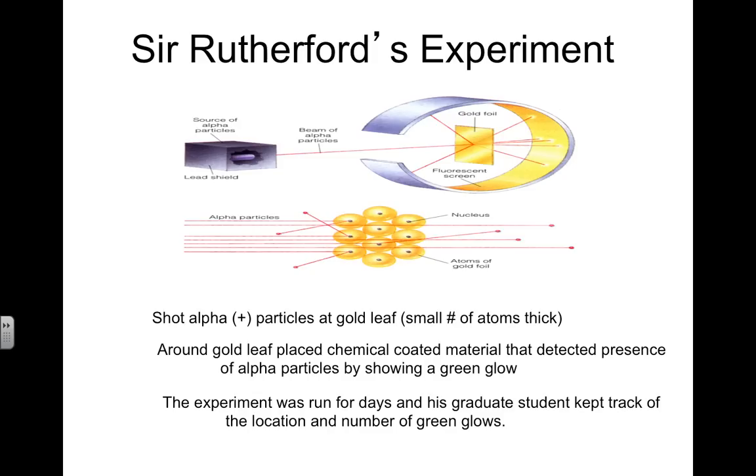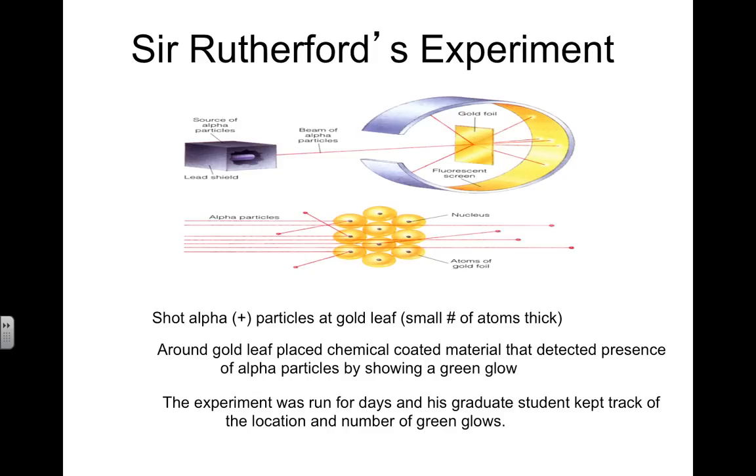And he created a coordinate system so he could track where these alpha particles would go. His theory was that the alpha particles simply would go right through, and they wouldn't deflect at all.